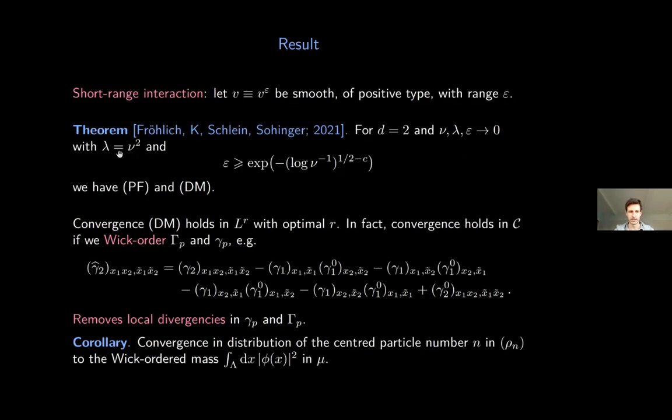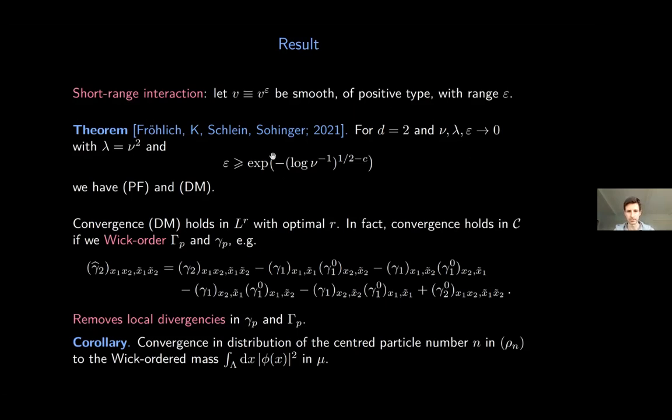With this still the same scaling, and we need a technical assumption on epsilon, which is certainly not optimal. This is what we get with our current techniques. So it takes maybe a while to parse this inequality. It means epsilon can go to 0 much faster than any inverse power of the log, but much slower than any power of mu.